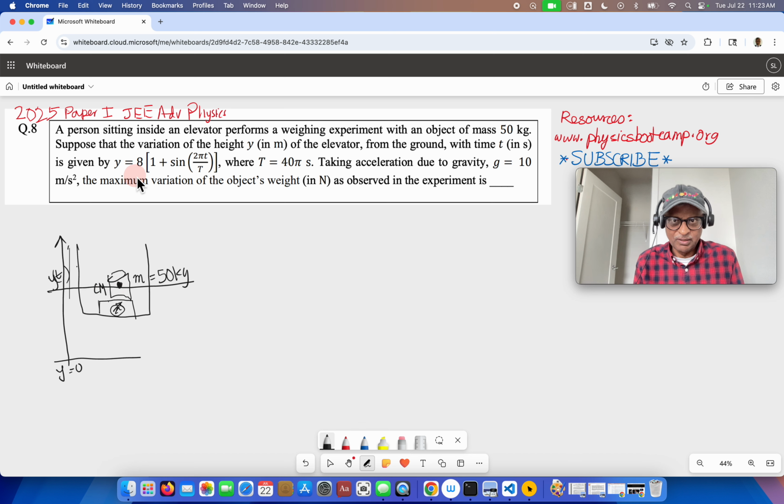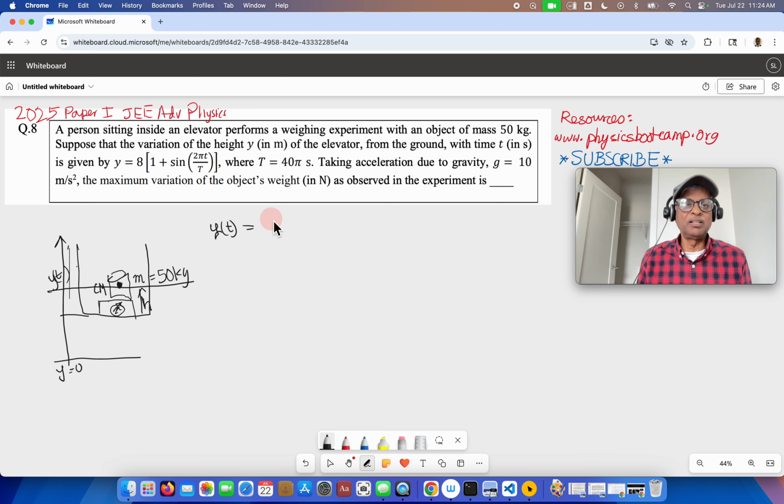Because the elevator's position and this position we can just assume one because they are all moving together. So although this is elevator given in the problem, I can say the same will be for this guy. If you say this was the elevator, then you just have to add a little h on that, but that will be constant, so it's not gonna matter. Because this is the position of the center of mass of the block.